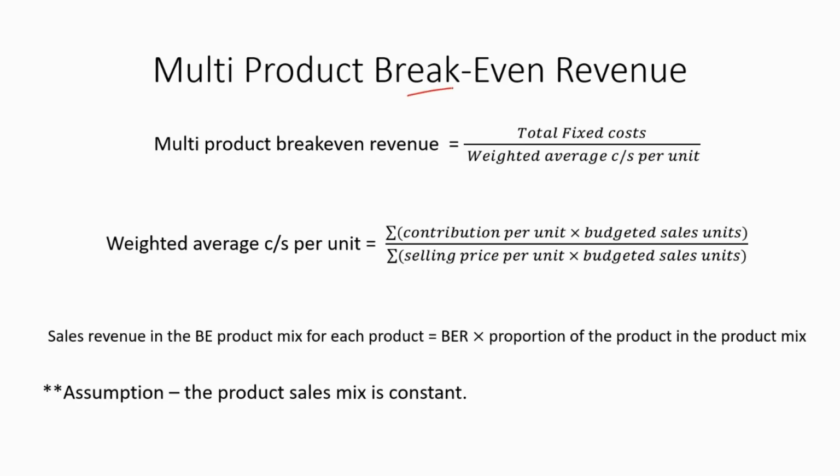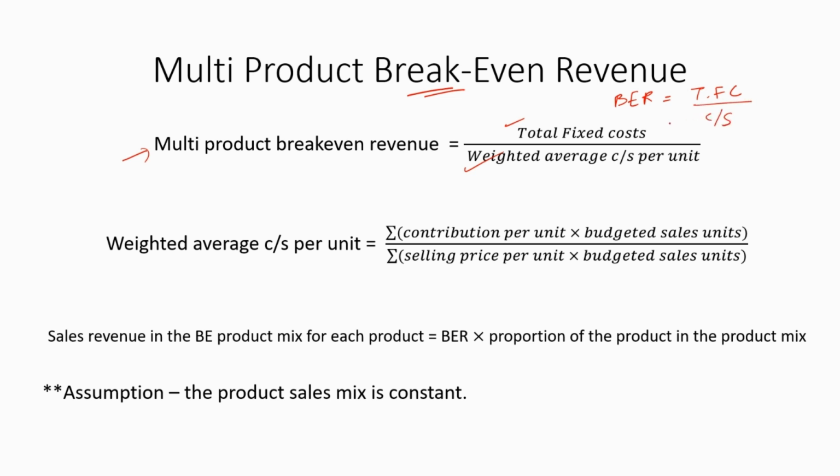Now let's discuss the multi-product break-even revenue. This is the formula we can use to calculate the multi-product break-even revenue, which is equal to total fixed costs divided by the weighted average CS ratio per unit. If you can remember, for single product, we calculated the break-even revenue by dividing the total fixed cost by the CS ratio per unit.